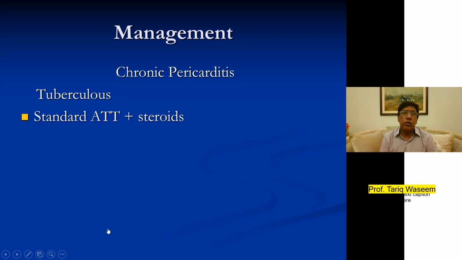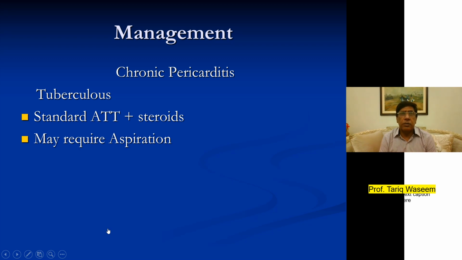The steroids are usually given for around the first 1 or 2 months of anti-tuberculous therapy, and they usually lead to a decrease in the subsequent fibrosis and subsequent development of constriction.